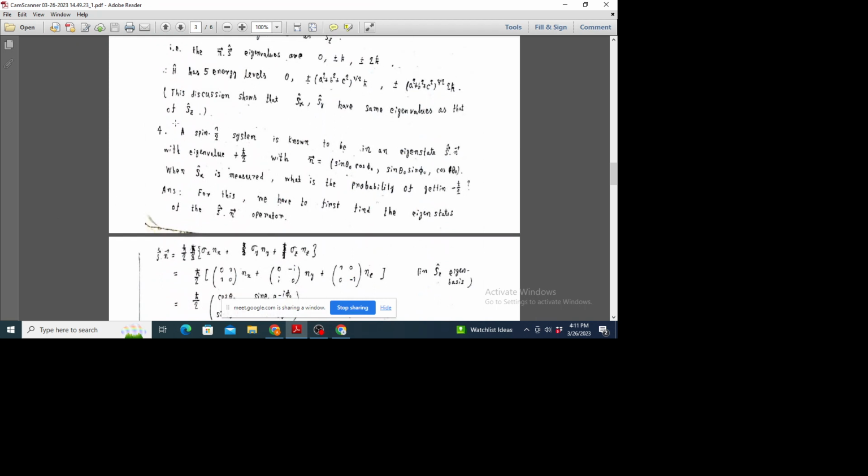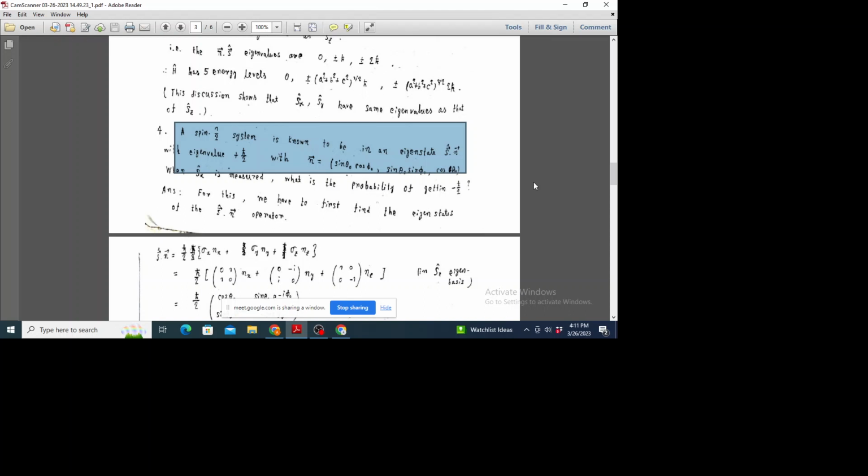Now the spin-half system is known to be in an eigenstate of S dot n with eigenvalue plus h cut by 2. So we now know in which state the system is, since we have just found the corresponding eigenvector.